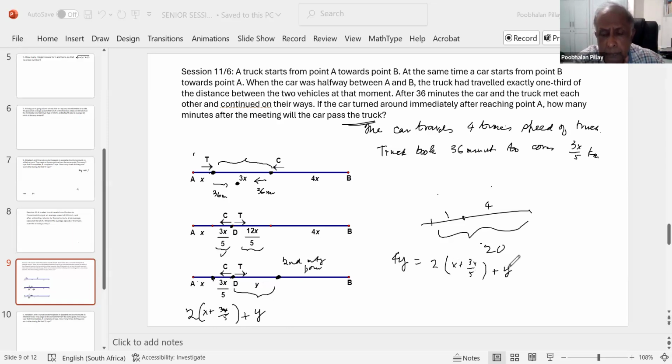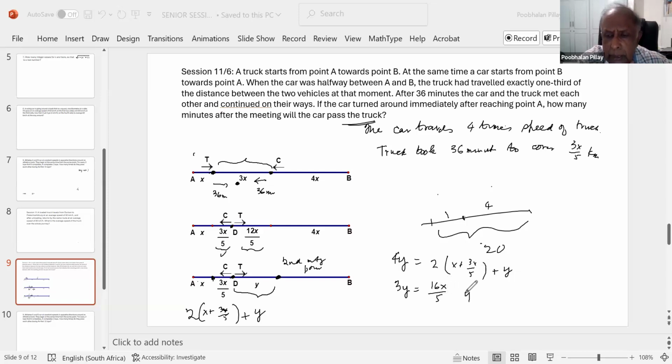plus y. So now we can actually calculate y, because 4y minus y is 3y. And this here, x plus 3x over 5, is 5x over 5 plus 3x over 5, which is 8x over 5, times 2 is 16x over 5.